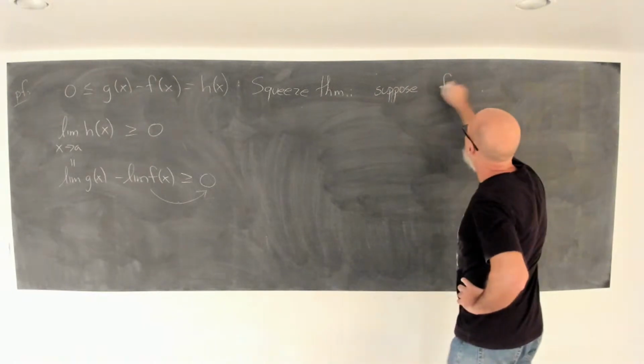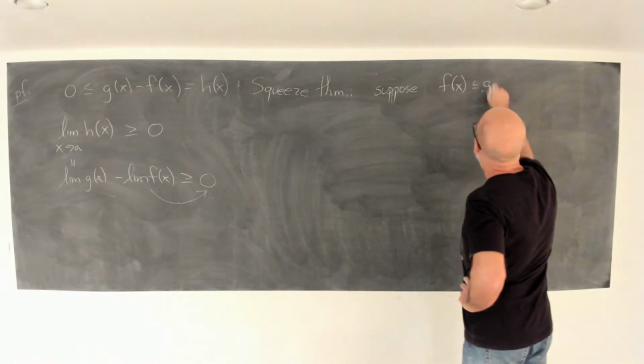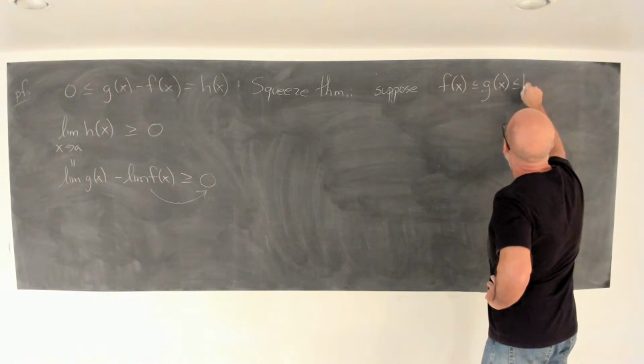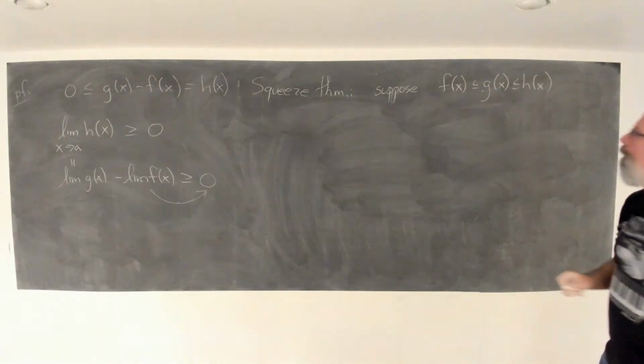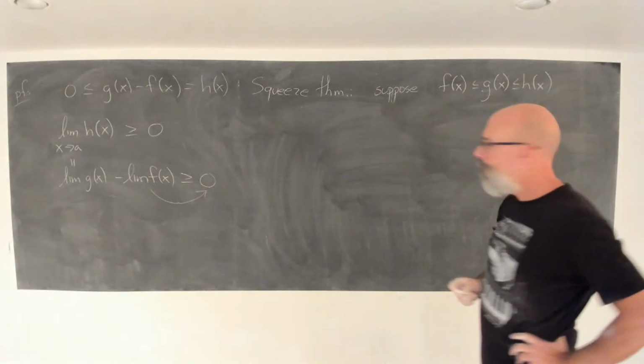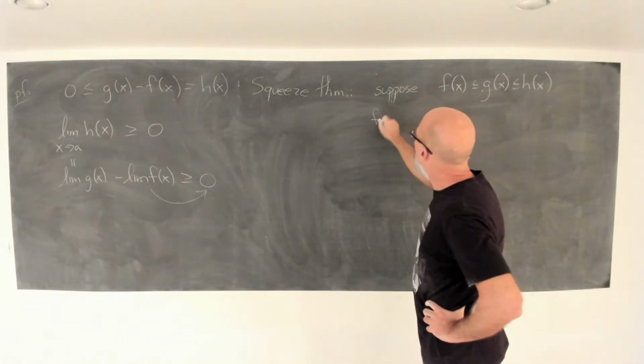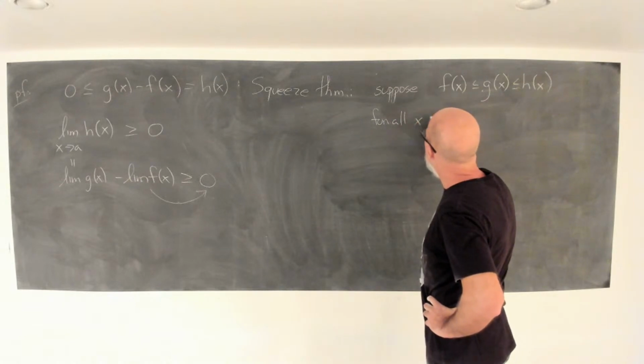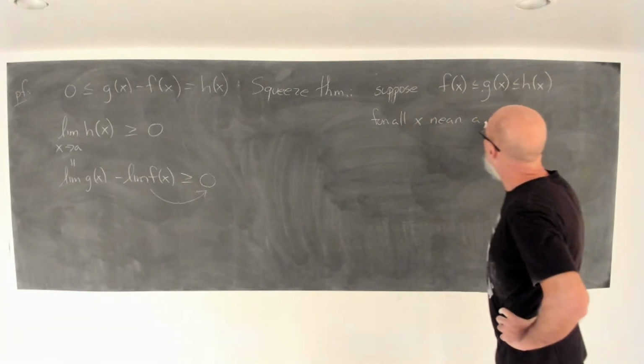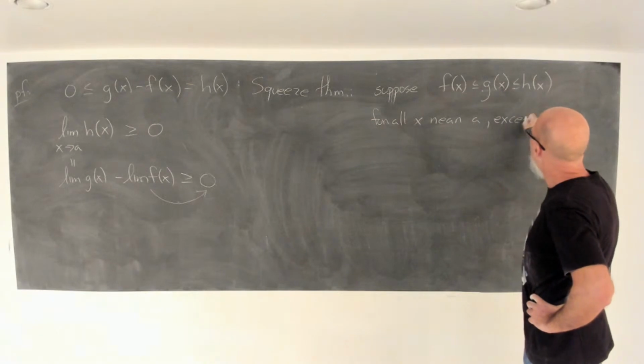Suppose you have three functions, f, g, and h, for all x near a, except possibly at a.